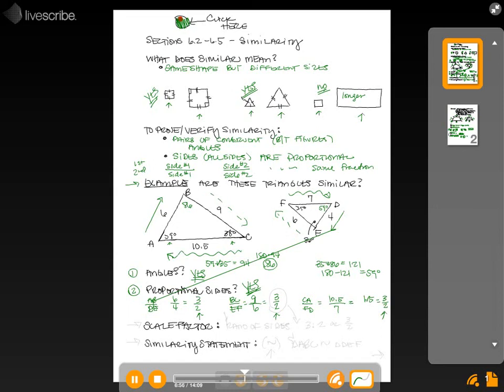So if 1 and 2, we have circled here, if our angles all pair up and are congruent, and our sides are proportional, if both of those are yes, then yes, the two figures are similar. Now when they're similar, we can add two things to our answer. We can give the scale factor. And the scale factor is just that ratio of the sides.